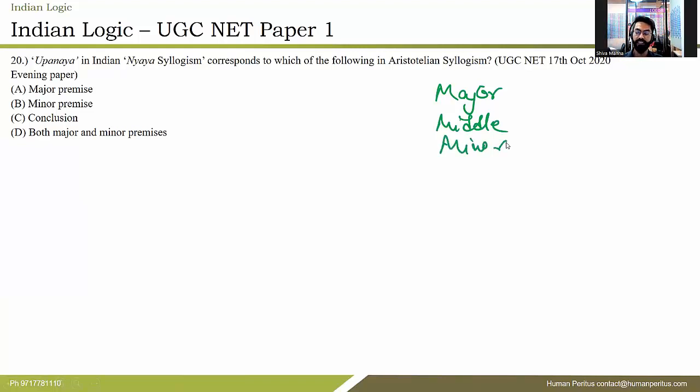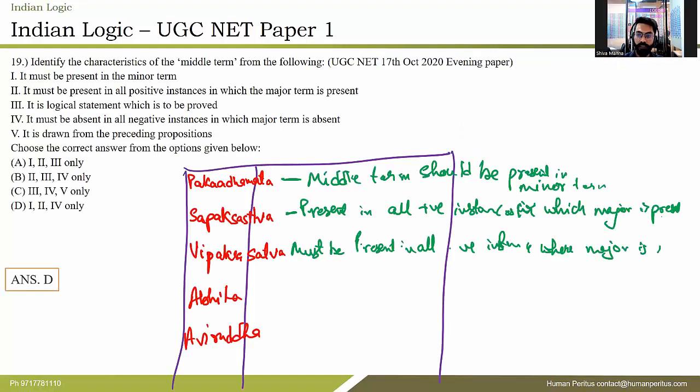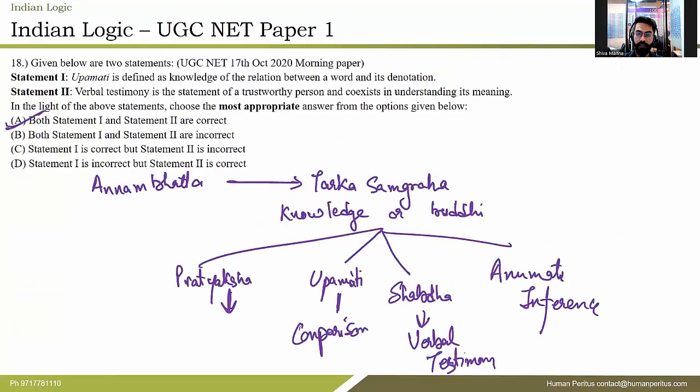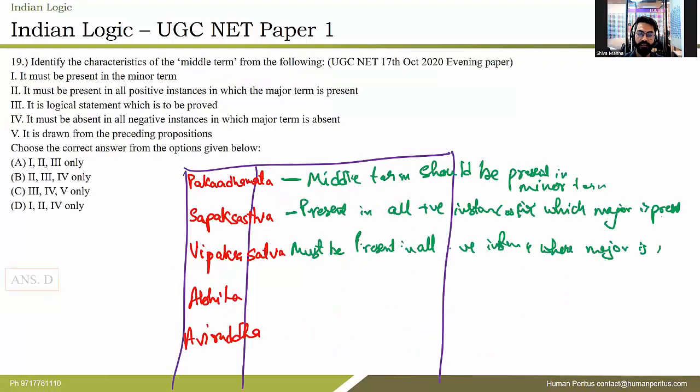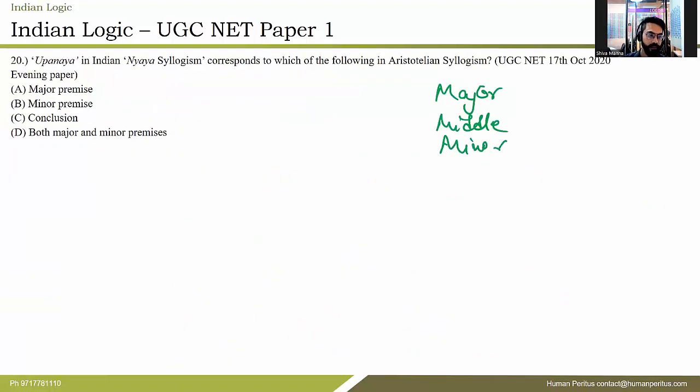But in Nyaya syllogism, you have five major terms, which we have already discussed: Pratijna, Hetu, Upanaya, Udaharana, and then what was the last one, guys? Can anybody tell me what was the last term? The last term was Nigamana, right?